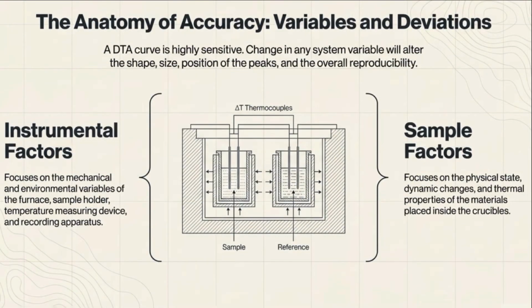The DTA curve we obtain is very sensitive and not robust, and there are various factors and variables which can affect it. We mainly categorize these factors into two types: instrumental factors and sample factors.